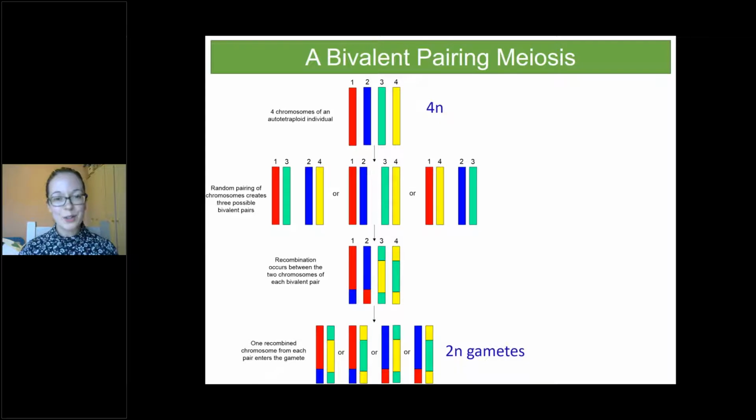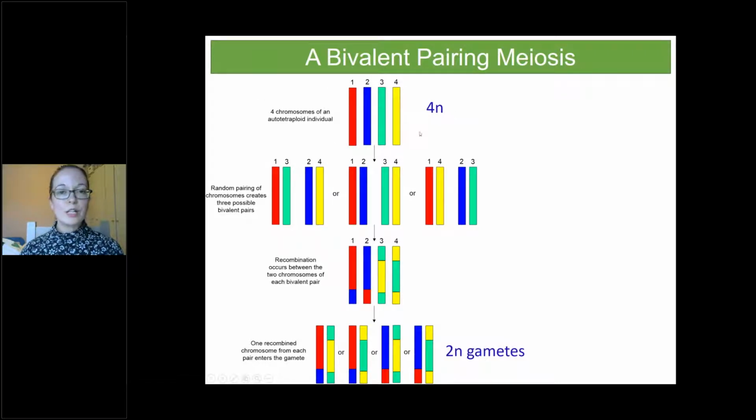So let's have a look at why that is, because what we're focusing on here is meiosis and what actually happens when you double the number of chromosomes, and I'll show you what we found in potato. What we have here is a simple meiosis, if you like, in an autotetraploid. We've got the four different copies of a chromosome in different colours here: red, blue, green and yellow.